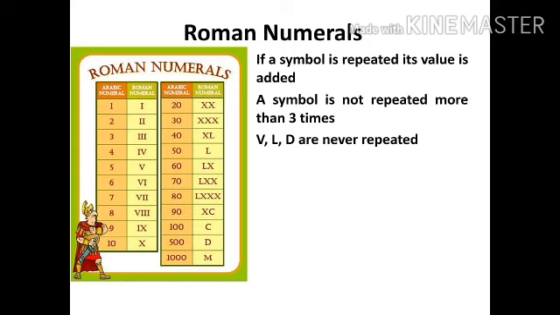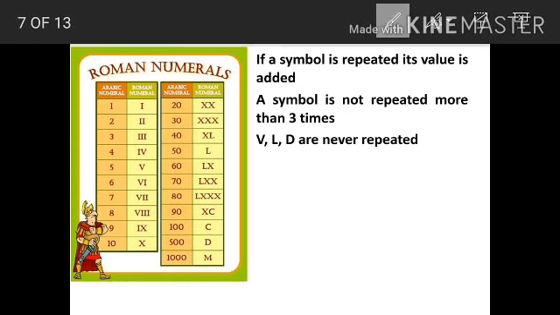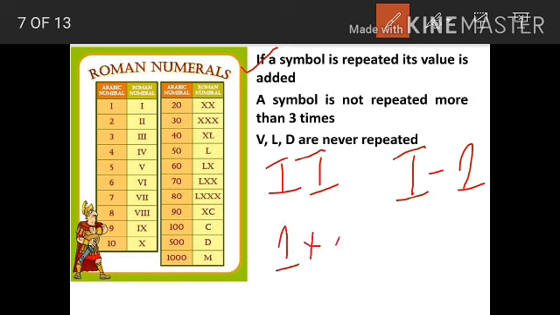For example, consider the number II. We know that I means 1. So what will be II? According to our first rule, if a symbol is repeated, its value is added. Here you can see 2 I's. So 1 plus 1, which becomes 2.